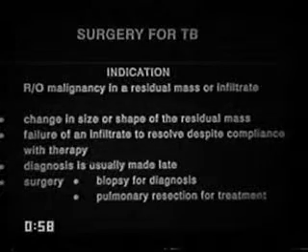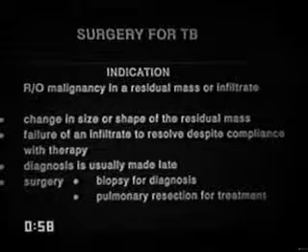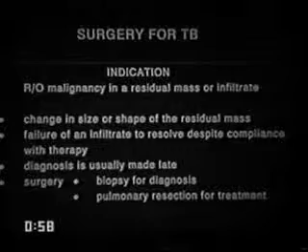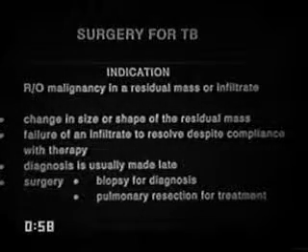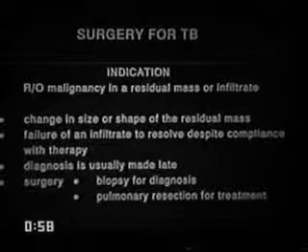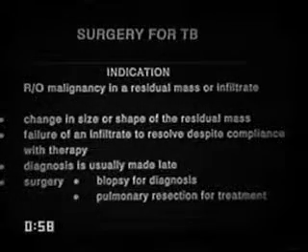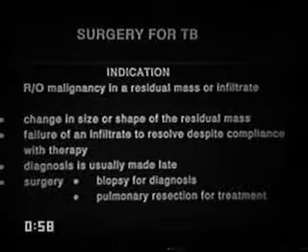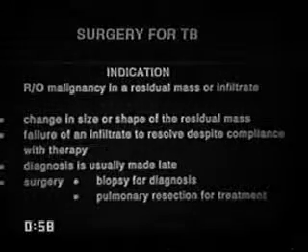The diagnosis in these cases, unfortunately, of coexisting malignancy is usually made late, because you're always hopeful that the residual mass or infiltrate will resolve, or you're hopeful that it just represents scarring from the process itself and not coexisting carcinoma. Surgery is certainly indicated for diagnosis in suspected cases, and pulmonary resection, of course, for treatment once the diagnosis has been established.